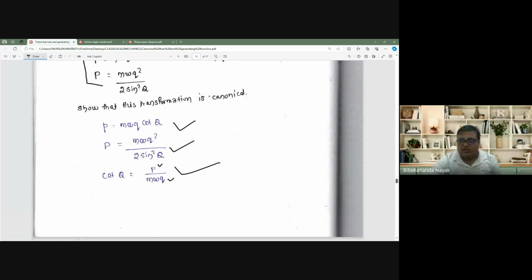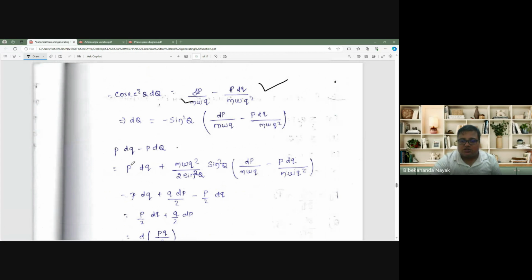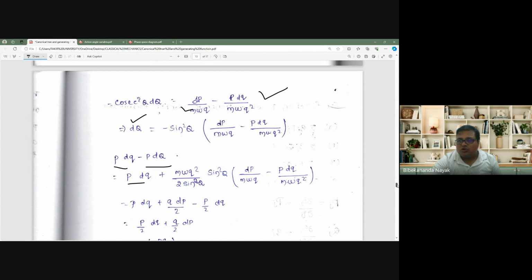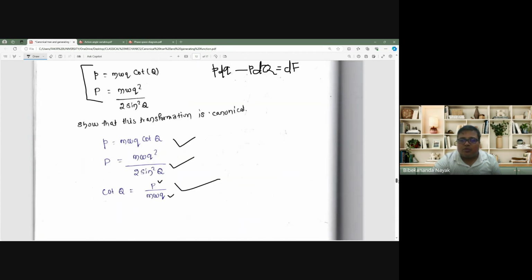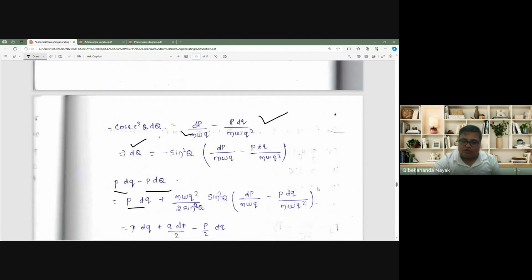Now check p dq minus capital P dQ, how much is it? Capital P is equal to this one. So for capital P dQ, we take small p and q as constant.